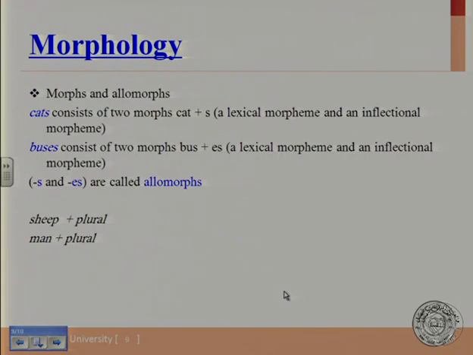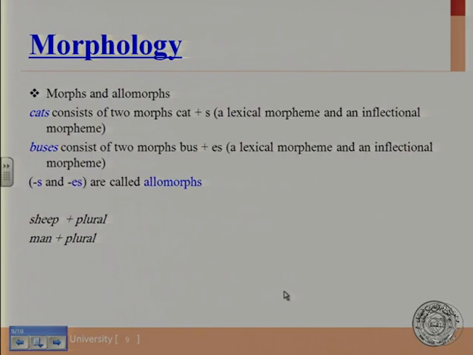And in sheep we say that the allomorph is 0 because we do not have an allomorph. So we say that sheep is zero allomorph. Man again is an irregular word. The plural of man is men. So we do not have s or es. So it is called zero allomorph.